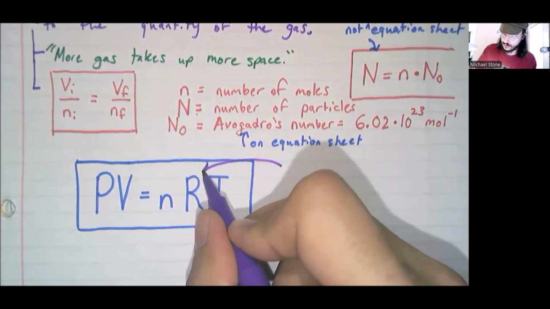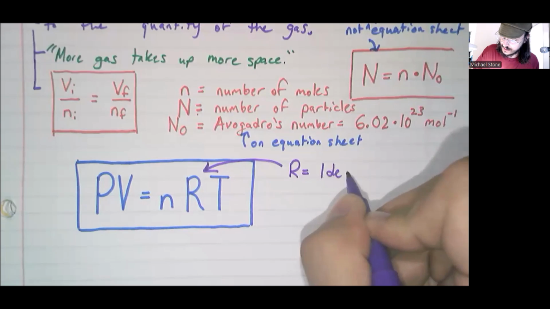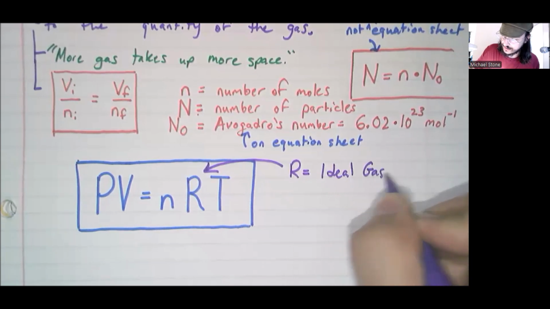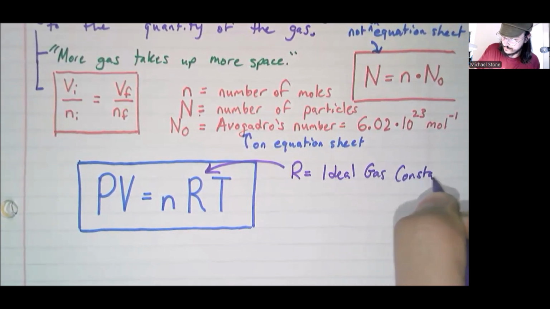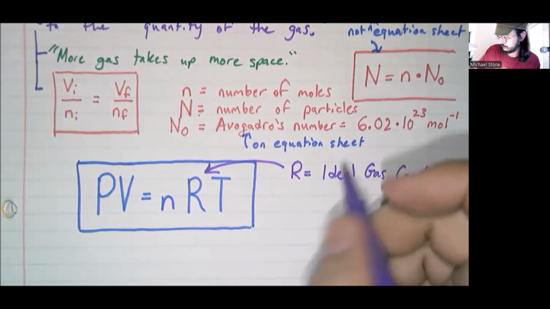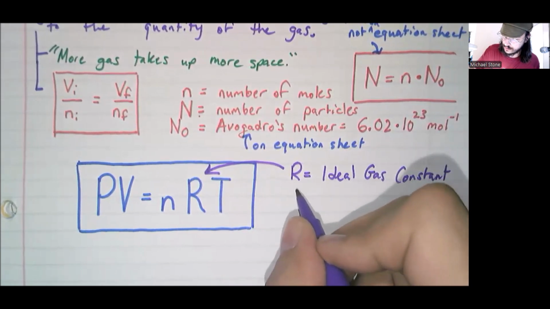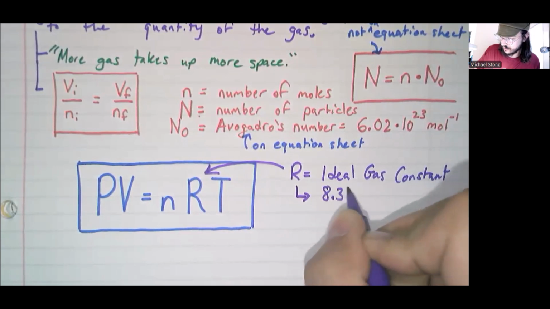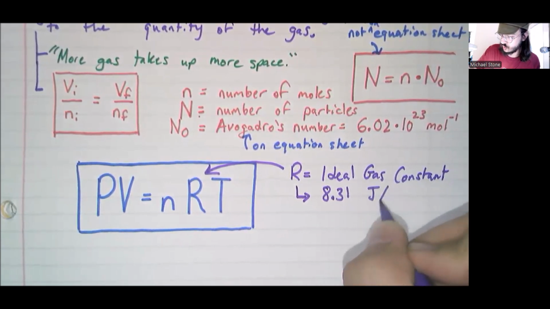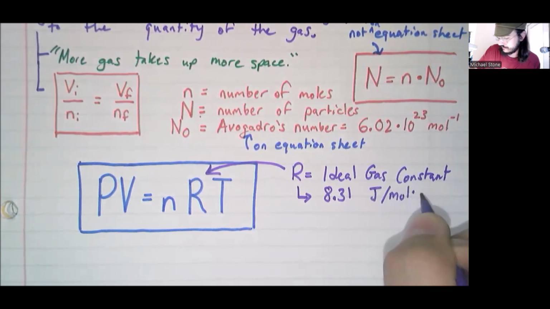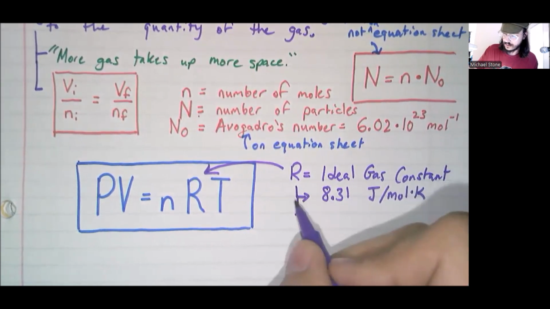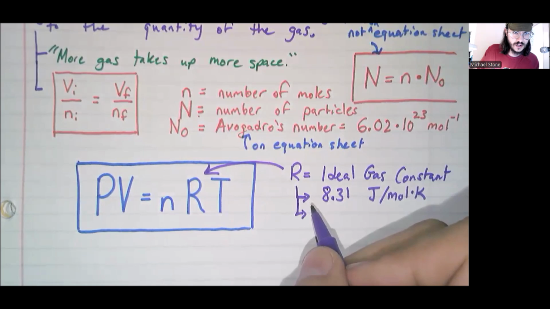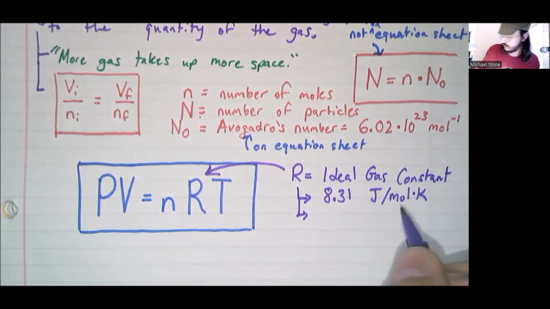R is new to us, and it is the ideal gas constant. It has a value of 8.31 joules per mole Kelvin. That is how it is listed on your equation sheet in metric base units.